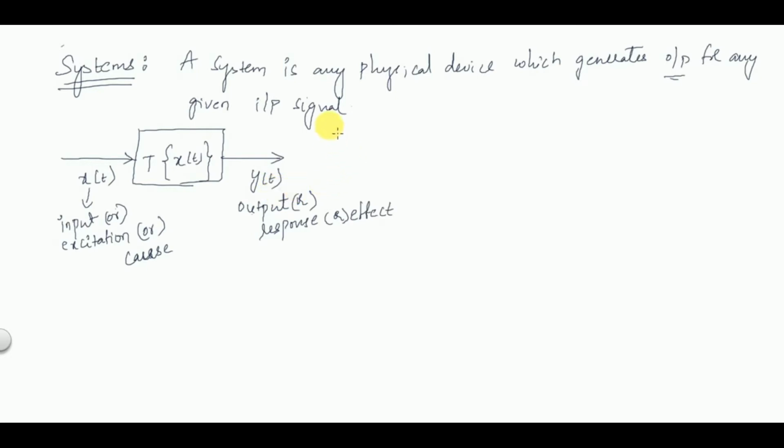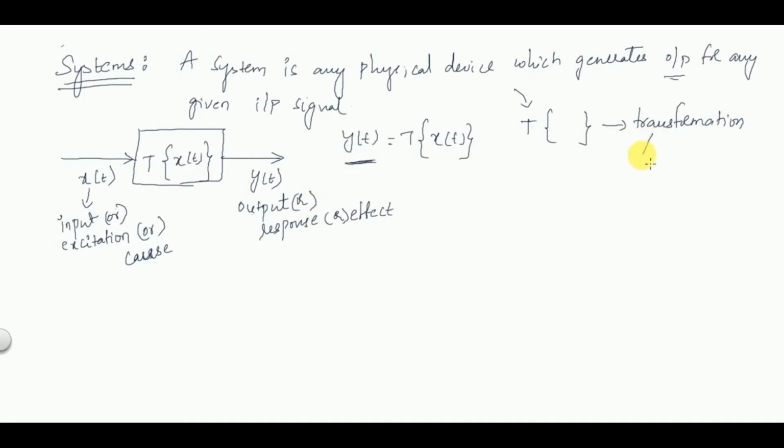Okay, normally. So y of t can be written as T of x of t, where this T represents transformation. Okay, so we are transforming the input to appear at the output of the system. Some transformation we are applying on the input signal so that we are getting the corresponding output.